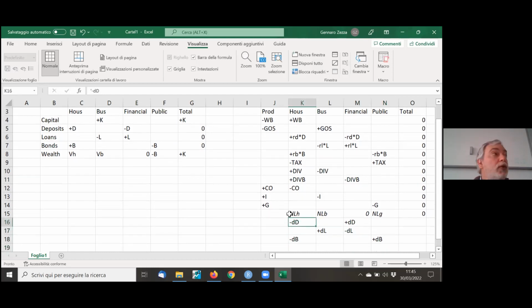So they are written with the opposite sign, so the total here will be 0. Okay.